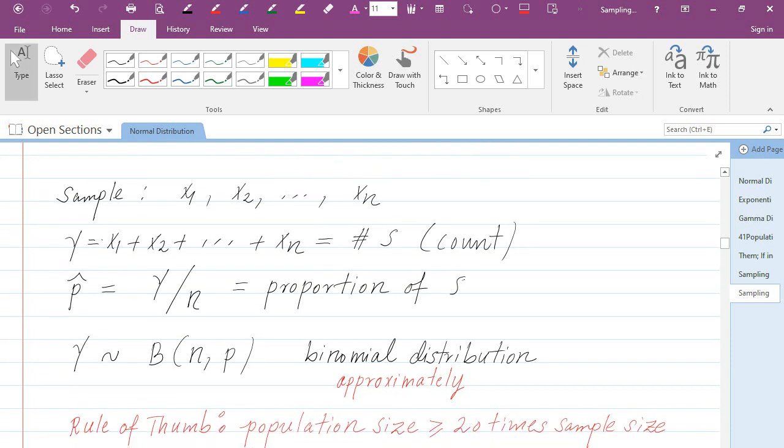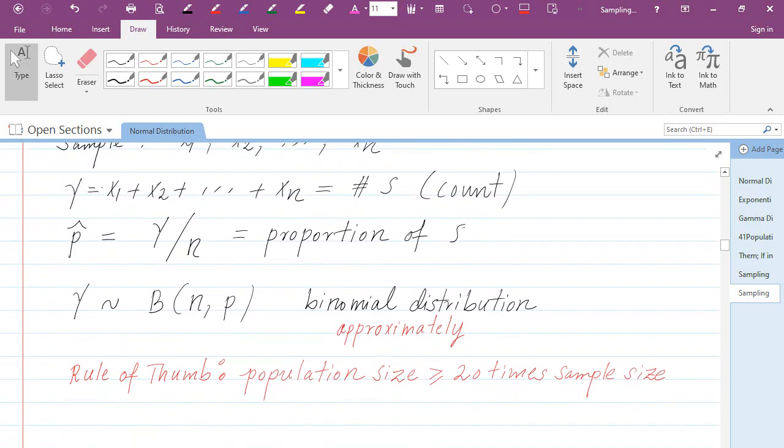It turns out that the distribution of y is approximately the binomial distribution with parameters n and p, and the rule of thumb is that as long as the population size is at least 20 times the sample size, the distribution of y would be approximately a binomial distribution with parameters n and p.